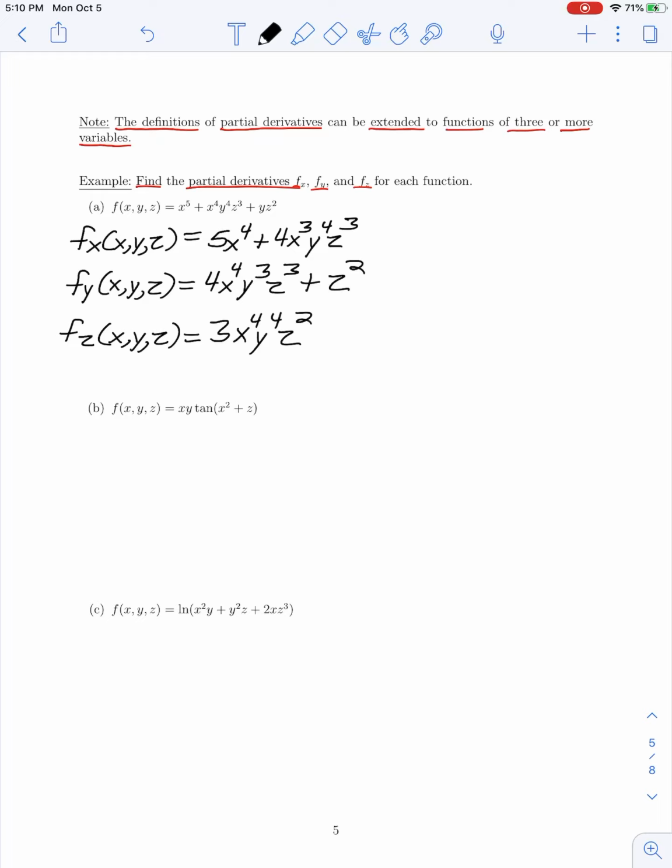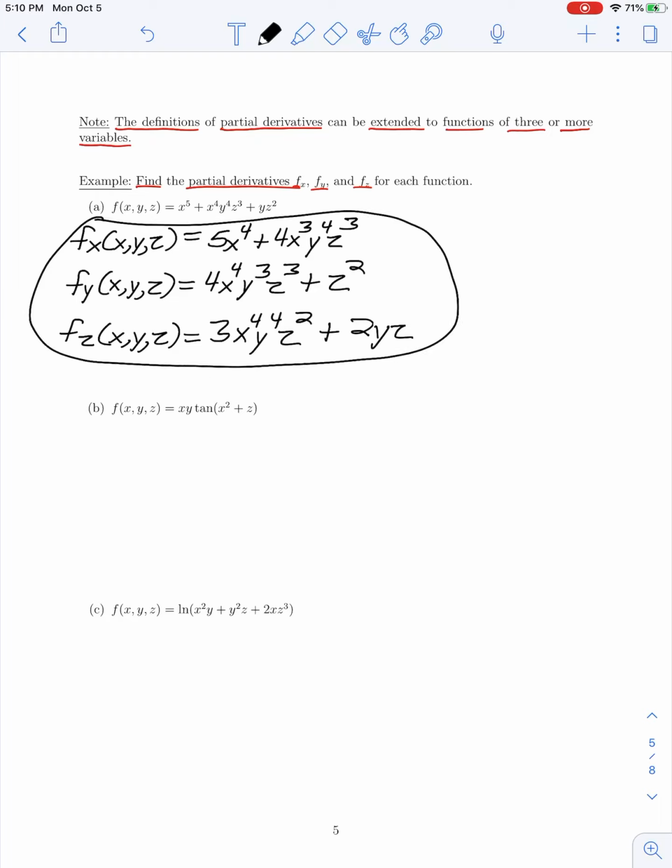I just moved my constant 3 out in front of the xy terms. And then plus y times the derivative of z squared is 2z to the first, so bringing the 2 out in front of our constant y, I have 2y z to the first power.